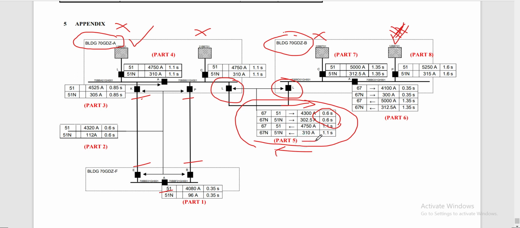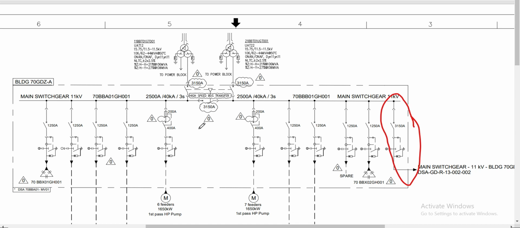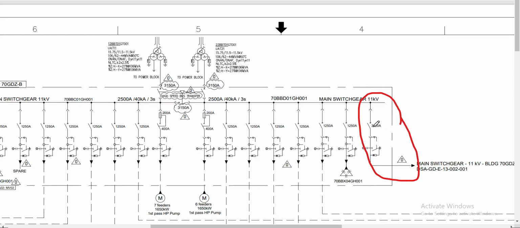Okay, so let's now open our calculation document. Here it is mentioned that this is for the cross tie between building A and building B. By the way, in normal condition, this cross tie is normally open, and the other cross tie is normally closed.